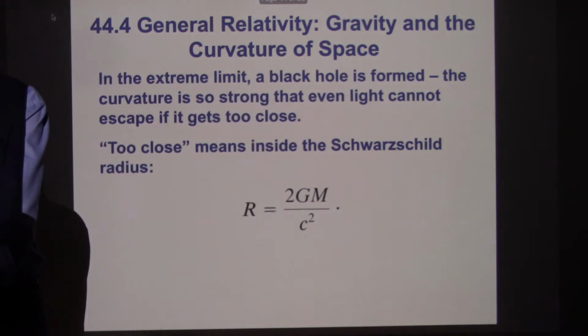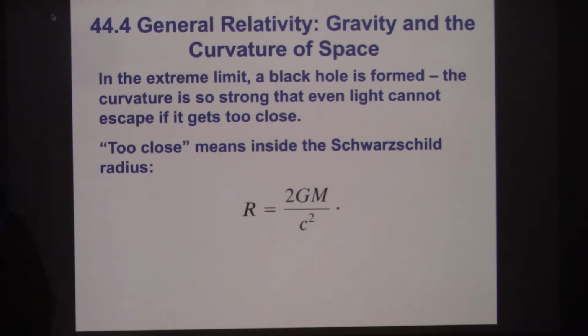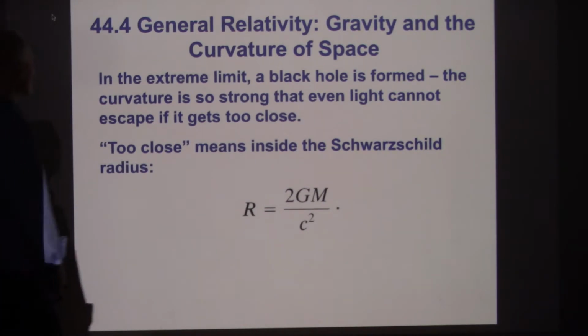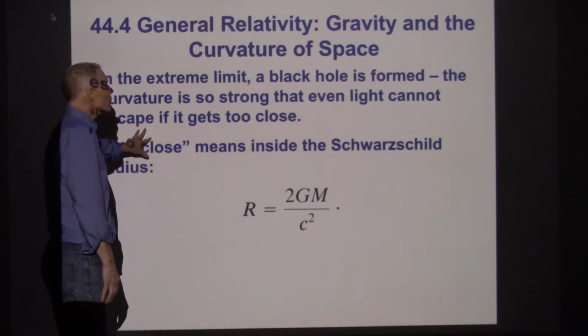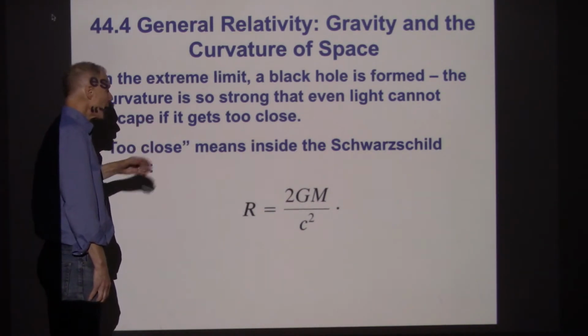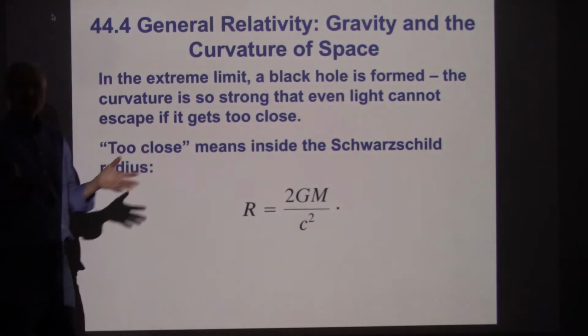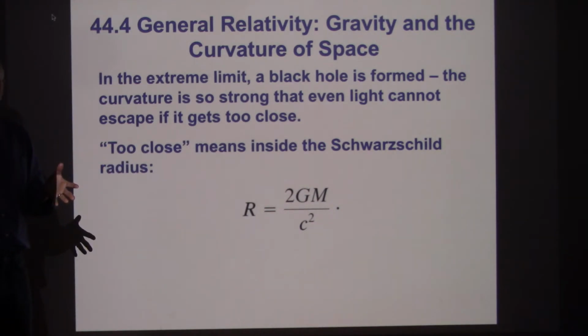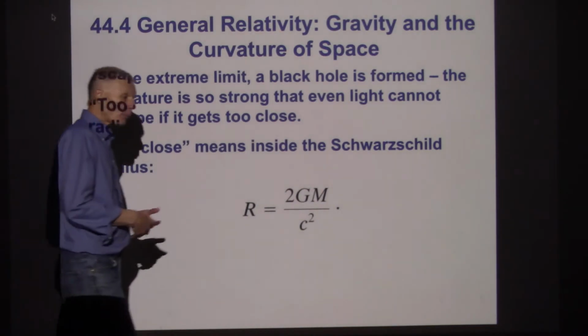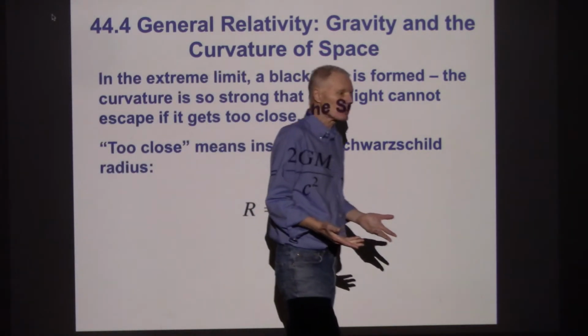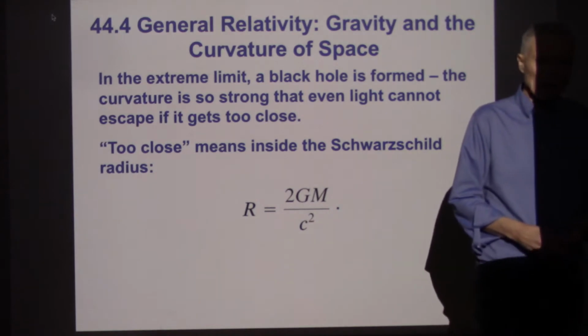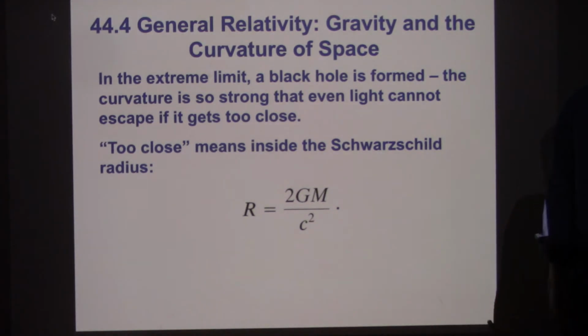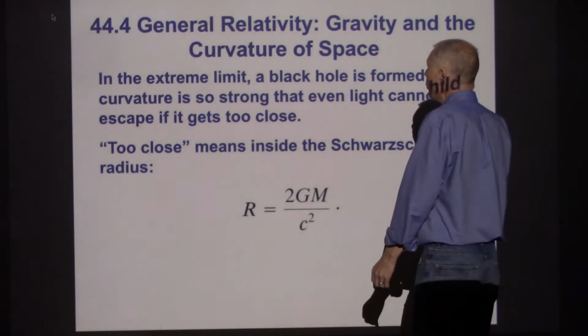So let's talk a little bit about black holes too, I guess. In the extreme limit, we say that when a star collapses, if we get a significant amount of mass in a star, there's enough gravitation from that we don't know of anything that prevents the collapse. And that suggests that the star could collapse down to just a point. It could collapse down to just one point.